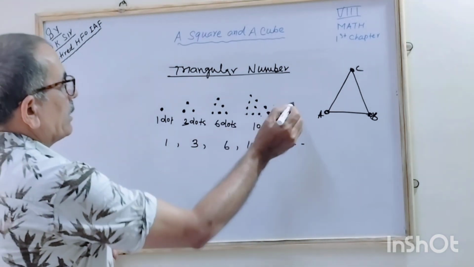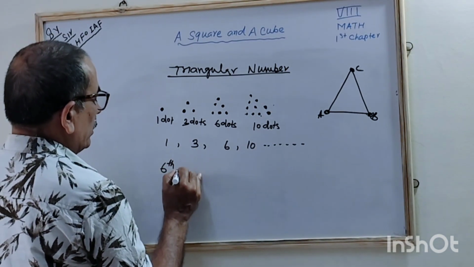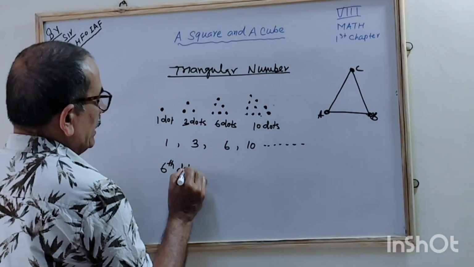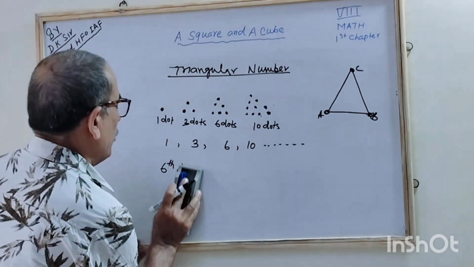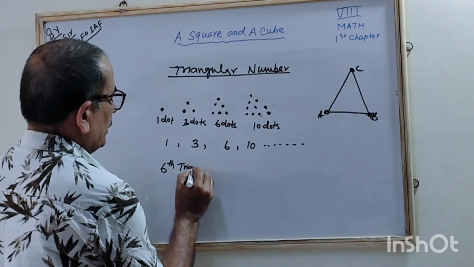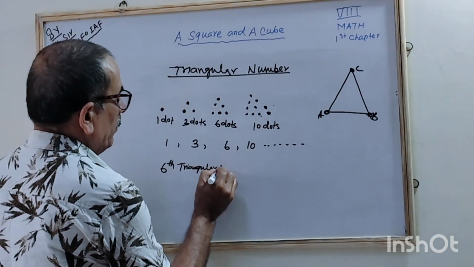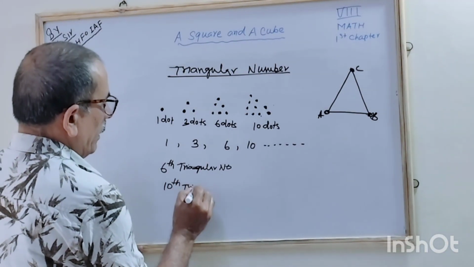If somebody is asking you what will be the sixth triangular number, then you have to make the sixth dot. If somebody is asking, you tell me the 10th triangular number.